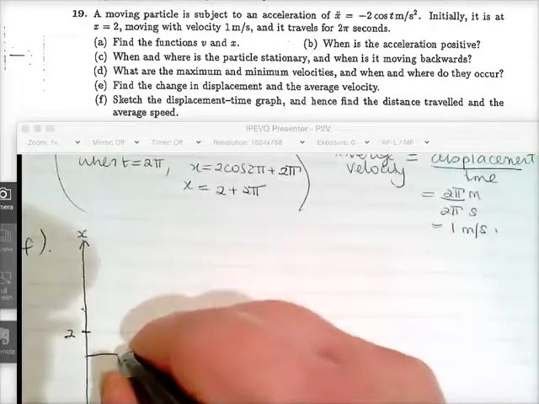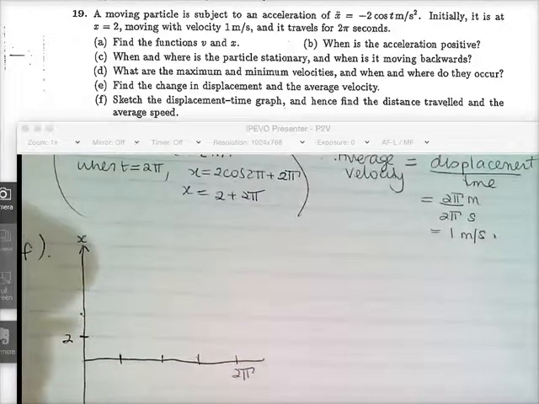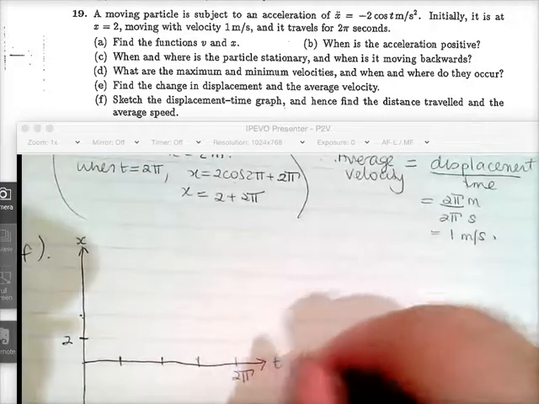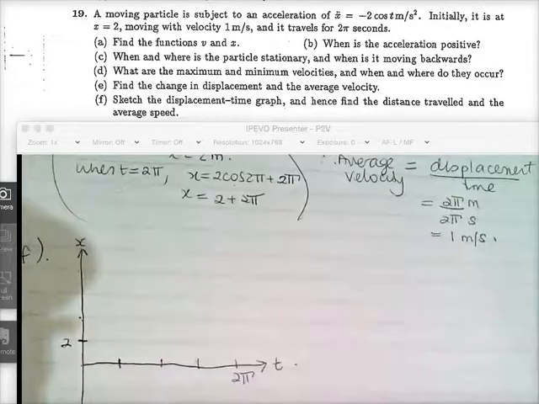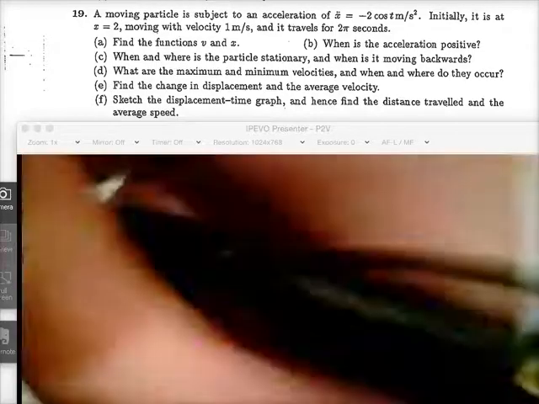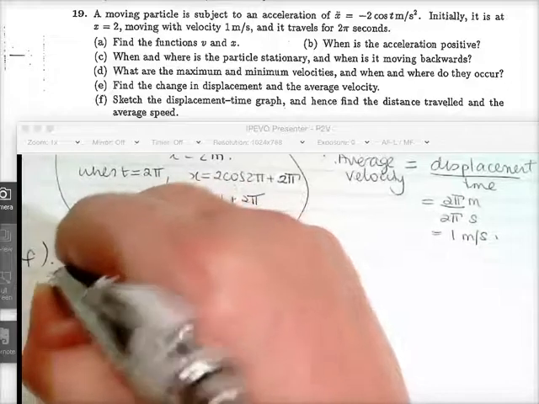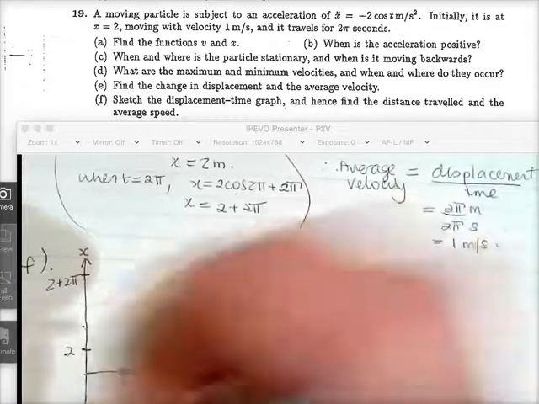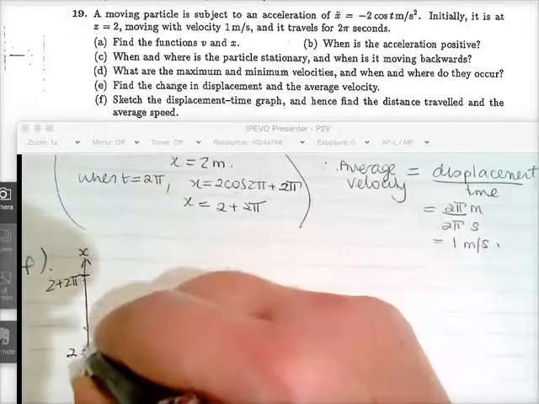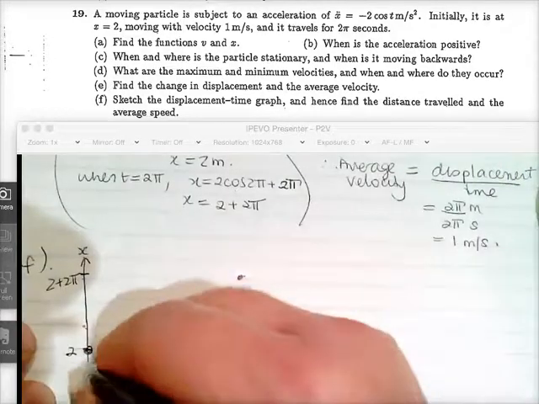And we know that the final displacement at 2 pi seconds is 2 plus 2 pi. Now, if I have this fairly to scale, 2 plus 2 pi is 8.23. So I've got 2, 4, 6, 8. We'll say that this is 2 plus 2 pi. So I know 2 positions so far: initially the particle is 2 meters to the right of the origin.